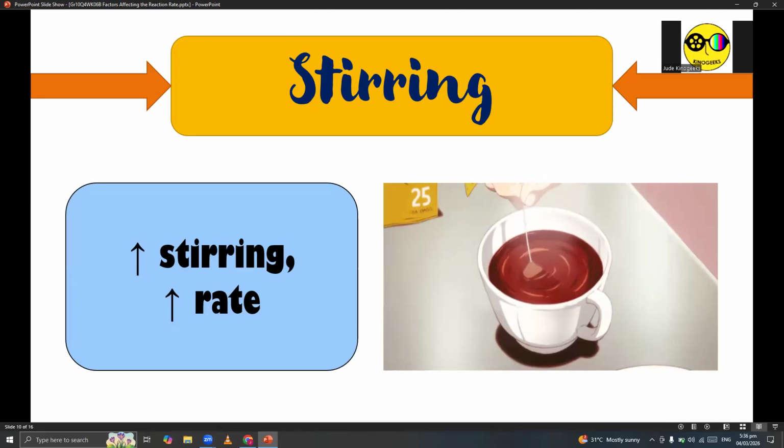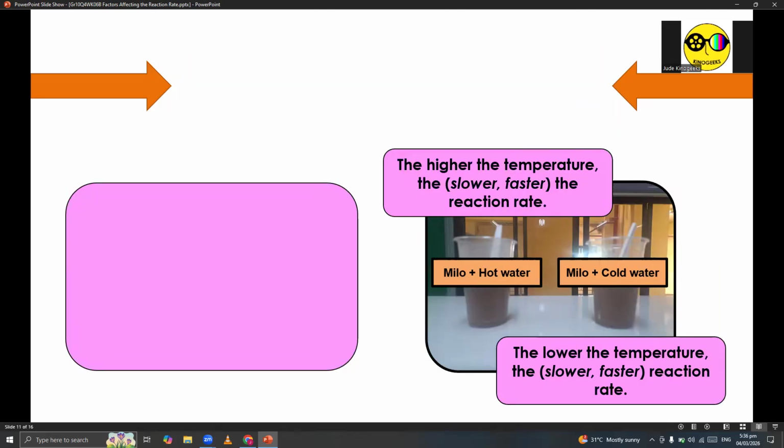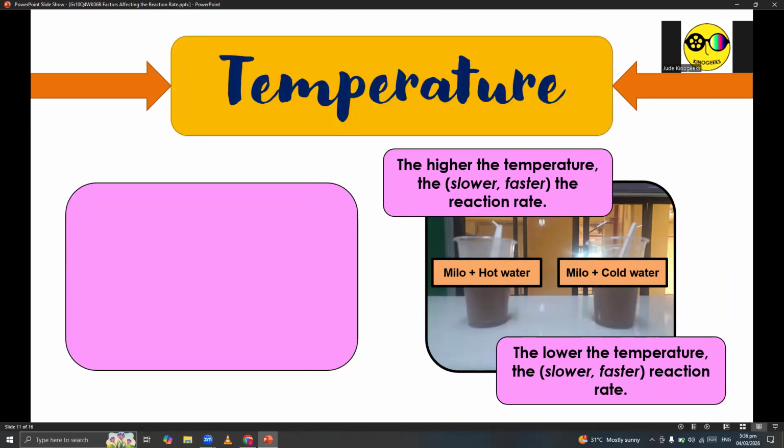All right. So next is exhibit number 4, when I asked the group to prepare Milo drink, one set up with hot water and the other set up with cold water. So judging by the differences in temperature, the second to the last factor is all about temperature.